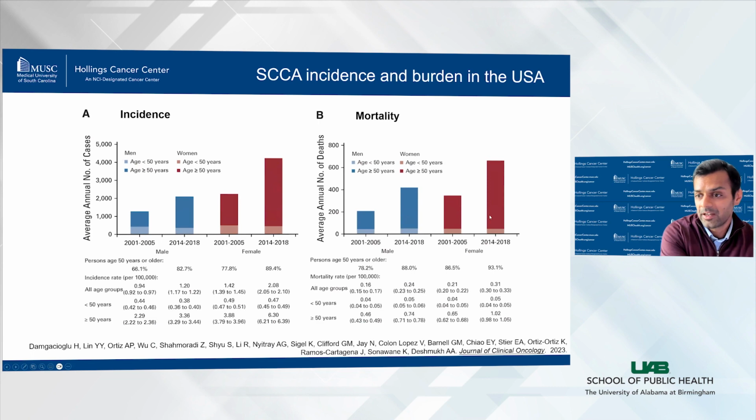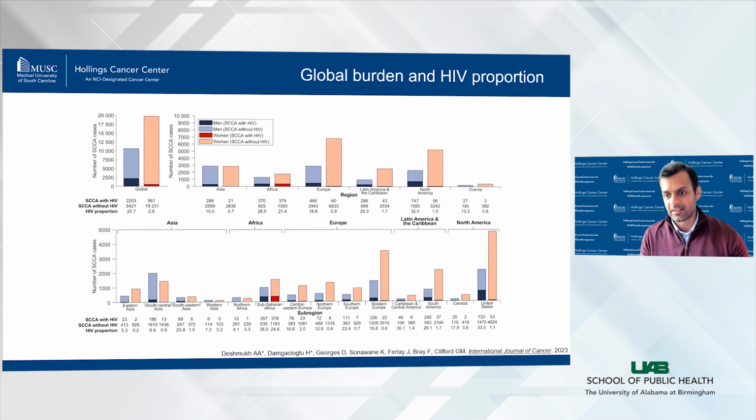Also, the mortality rate increased nearly twofold in this age group, and mortality burden has also increased substantially. So I talked about anal cancer incidence and changes in trends and patterns. In our study with IARC, we quantified global anal cancer incidence patterns and burden.